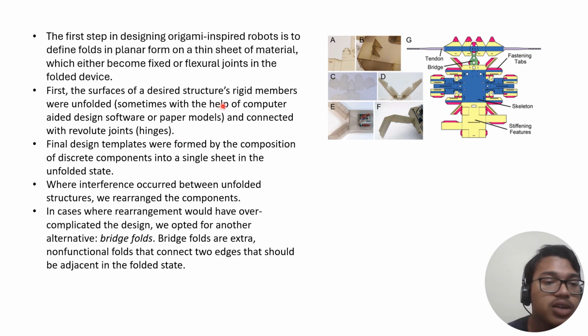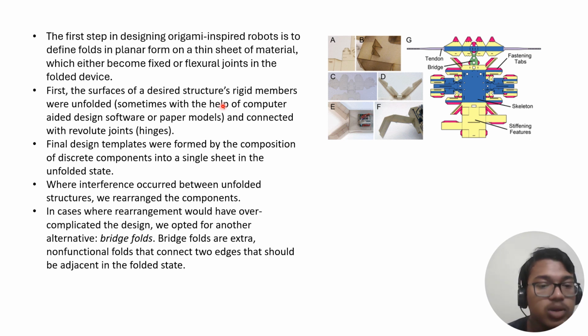The final design templates are formed by the composition of discrete components into a single sheet in the unfolded state. Now, when interference occurs between two unfolded parts, we rearrange the components. But sometimes rearrangement makes the structure very complicated.